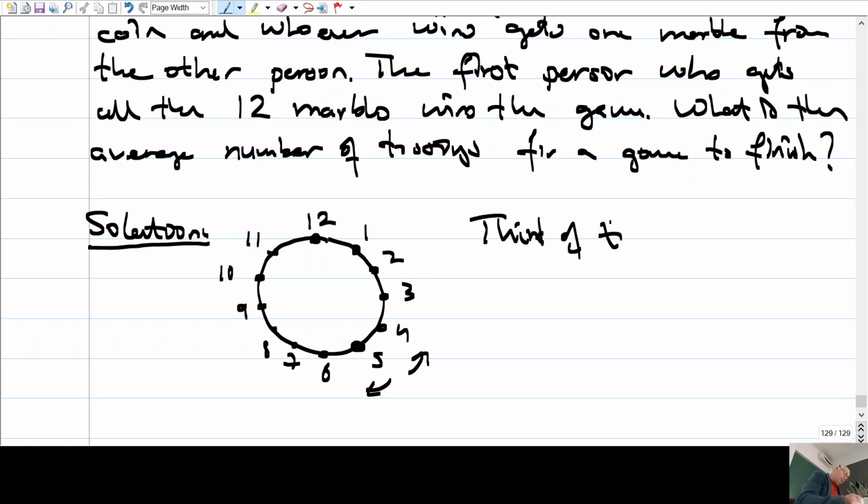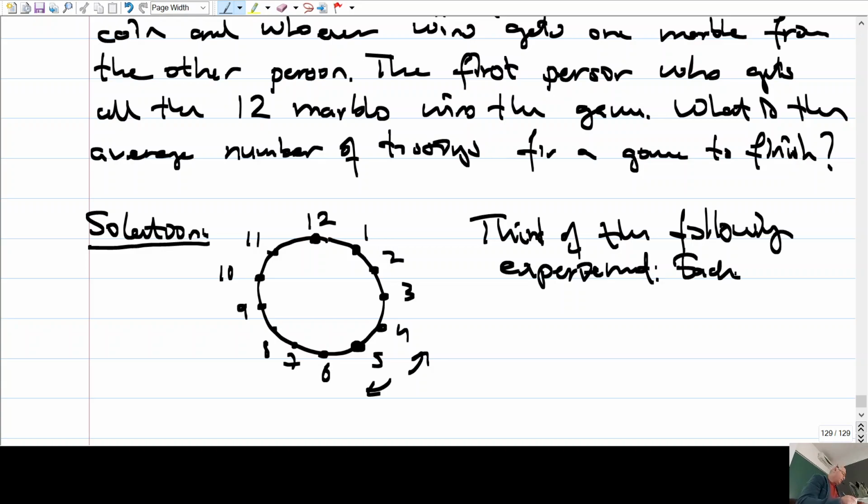Think of the following problem, following experiment. I guess this is also called random walks. Okay, and it's an interesting and actually difficult subject involving group theory, I guess physics, several things.